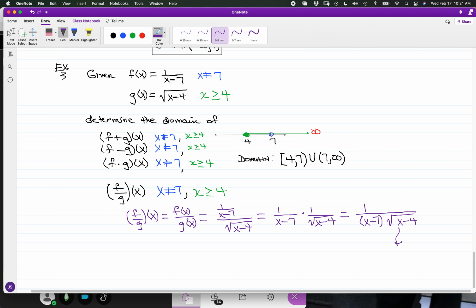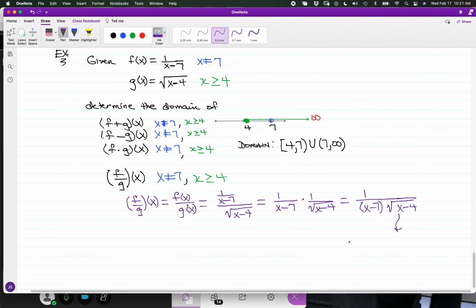The square root of x minus 4 is in the denominator. x minus 4 cannot be 0. So in this case, x cannot be equal to 4.